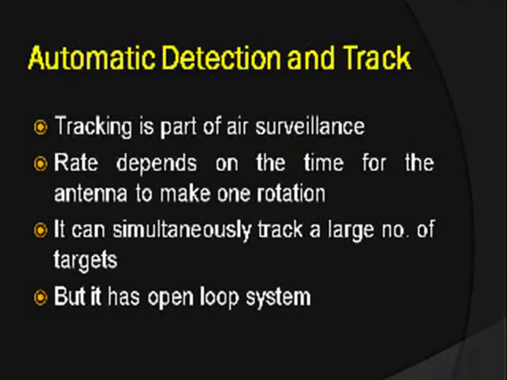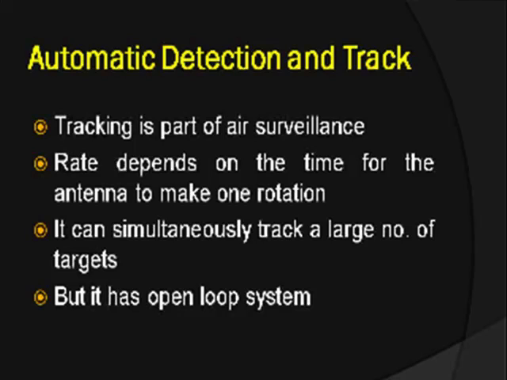The second type of tracking radar available is automatic detection and track, ADT. Here, the tracking is done as part of the surveillance, and the rate depends on the time for the antenna to make one rotation.